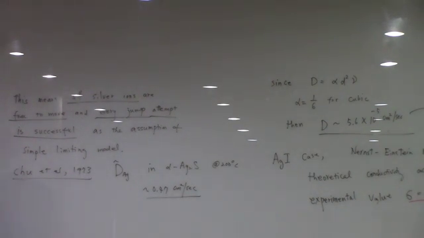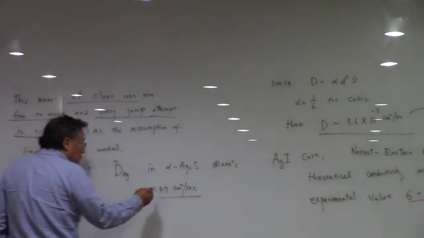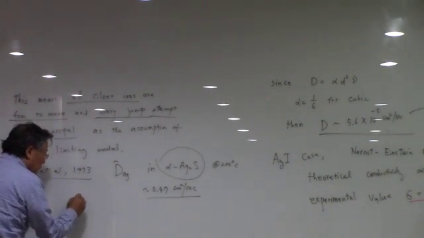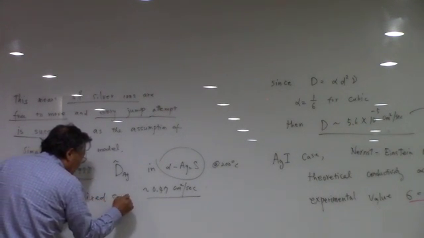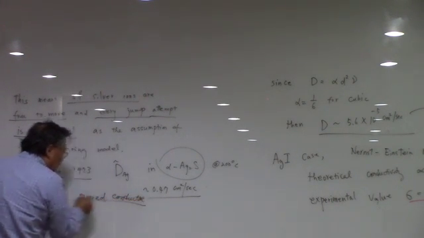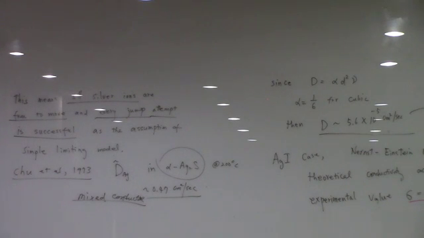Moreover, this alpha silver iodide is a mixed conductor, so it can be used as a cathode material.